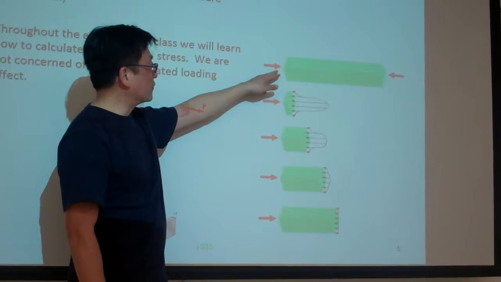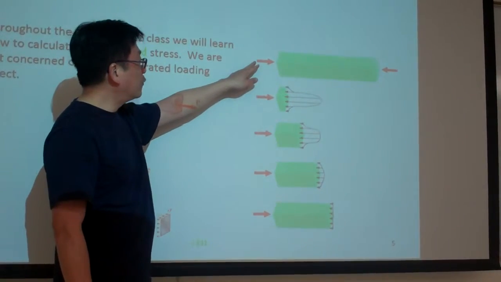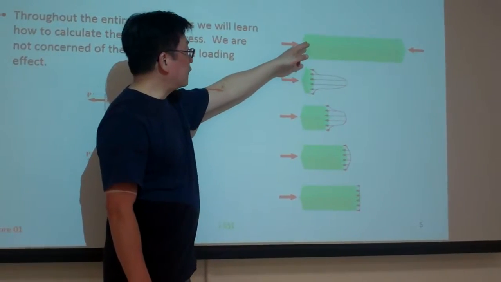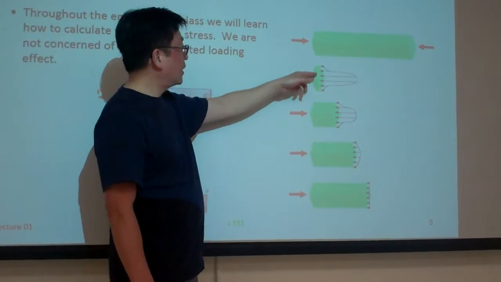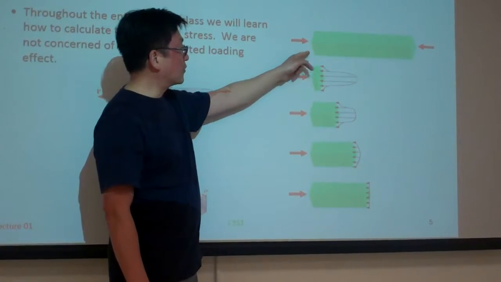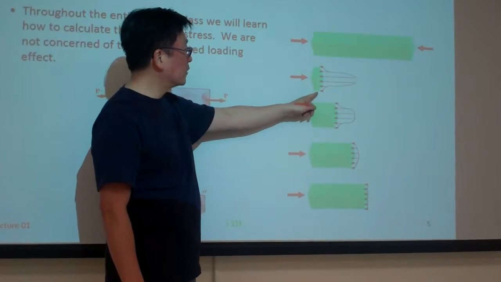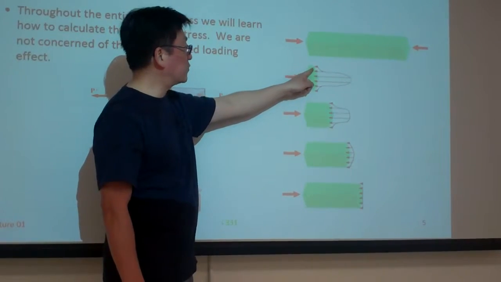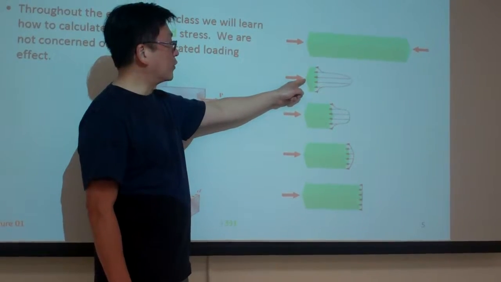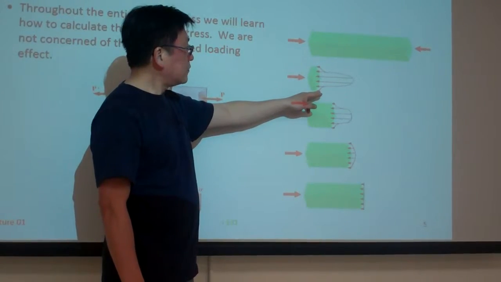For example, for this drawing we're showing here, we apply the loading to this surface. And if we take a cut and expose a cross section just nearby where the loading is applied, like here, this cross section is very close to where the loading is applied.